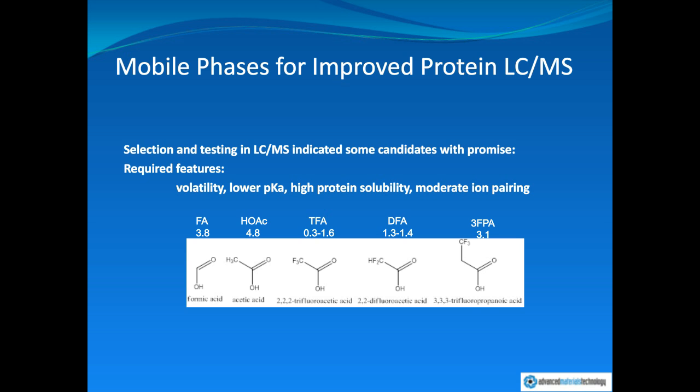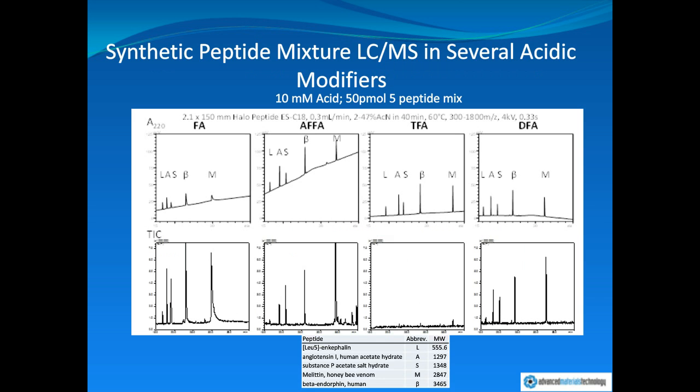We've found, in particular, by looking at these different materials, that in this slide, on the top is UV traces. On the bottom is total ion current, so the mass spectrometer signal.